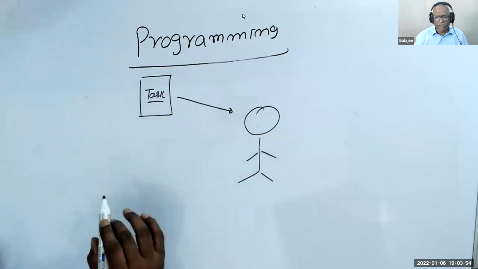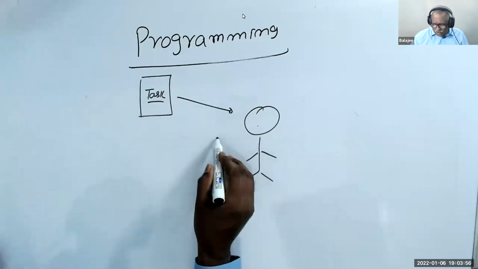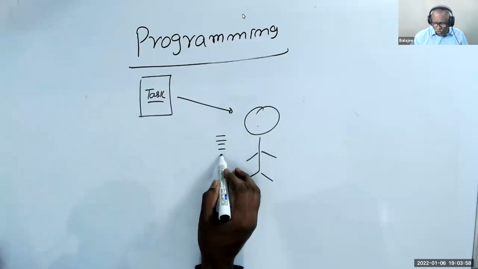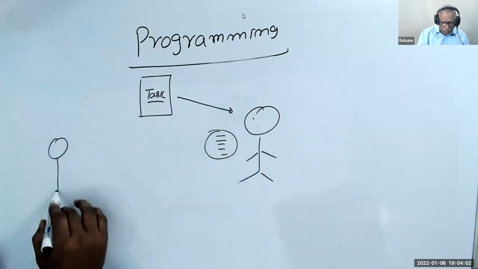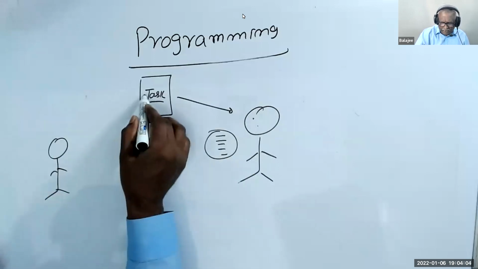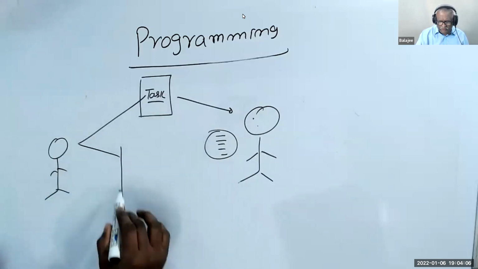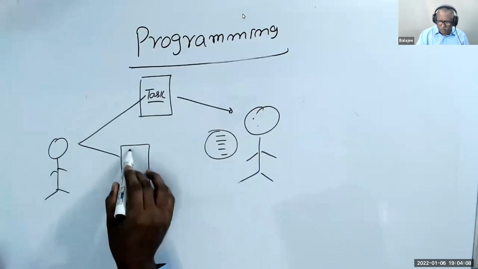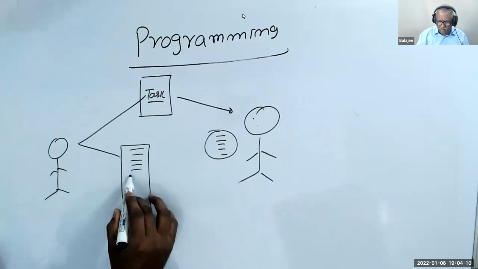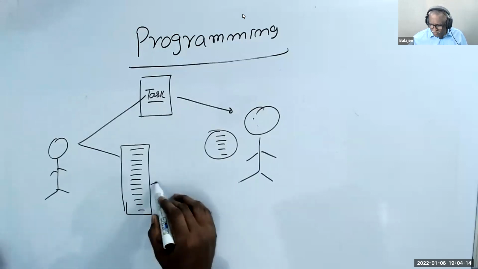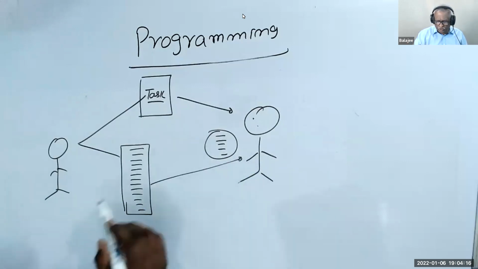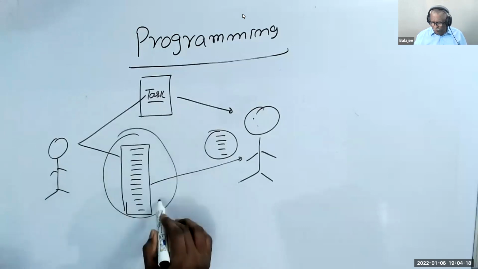So what you do is, whatever small tasks he knows, you know exactly what he knows. You make this big task into small tasks and give them to him. So this is called a program.